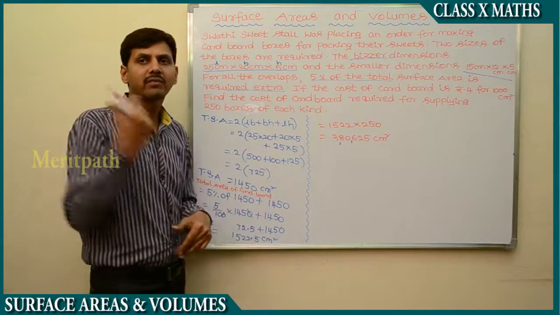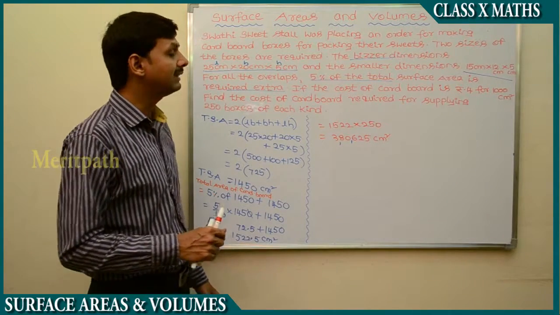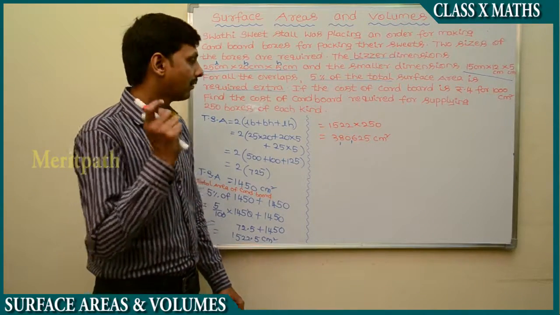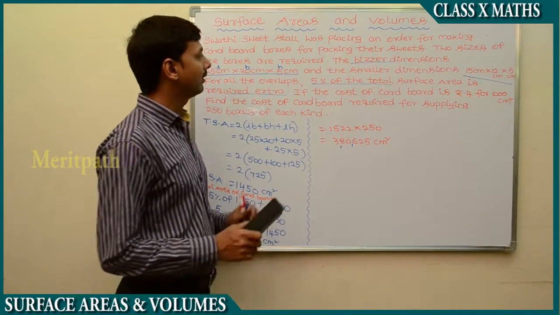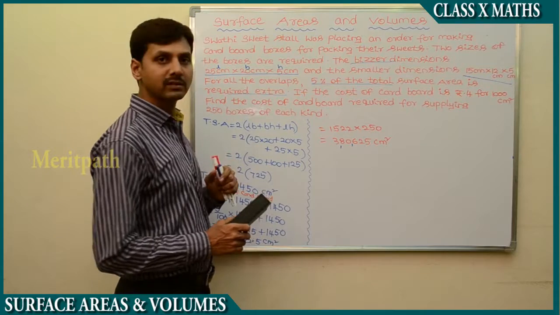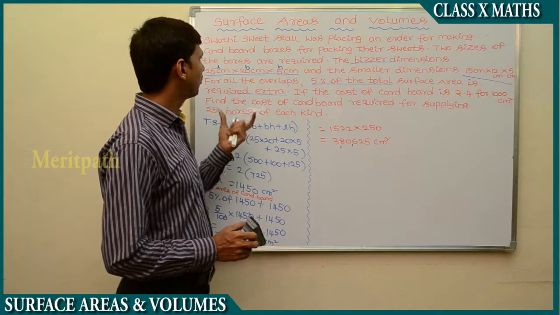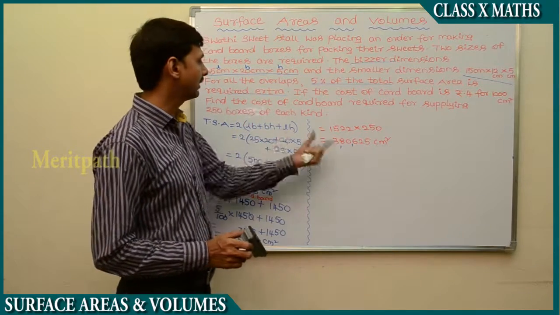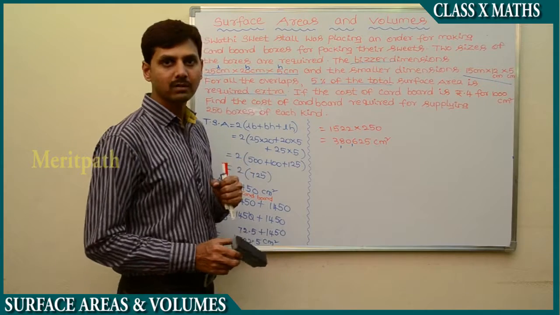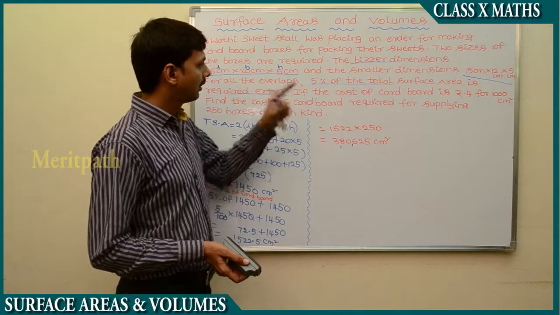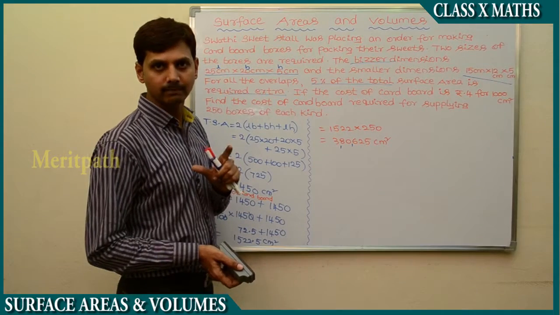We needed 250 boxes, so we multiplied and got 3,80,625 centimeters square. That is the total area for the bigger dimension boxes.